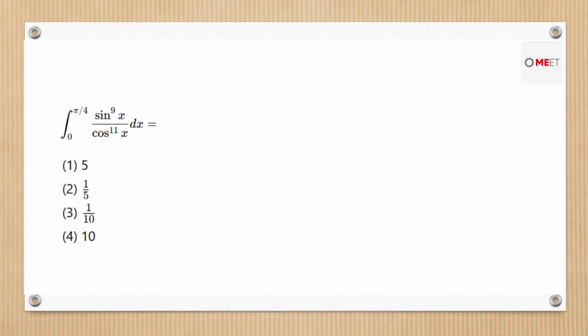Moving to next question. Here the numerator and denominator consist of cyclic terms. So we can convert this into tan power 9x into, since cos square x is left out in the denominator, secant square x dx.